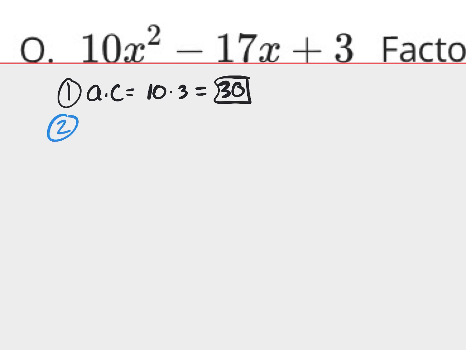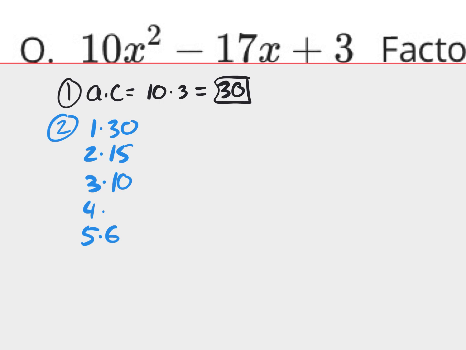Step 2, make a list of the multiples of that answer. So we're going to go 1 times 30, 2 times 15, 3 times 10, 4 times, how about 5? 5 times 6, yep, and that's about it. Those are the only multiplication combos that work to give you 30 besides changing signs and changing the order.